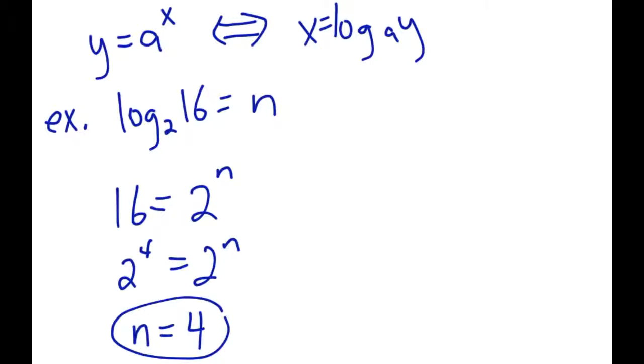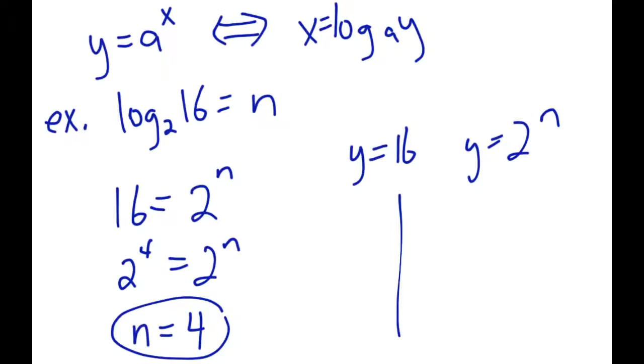Or like I said, you could also solve this by graphing. In the last unit, when we had these easy ones that we could solve by changing the base, it worked well. The other option, remember, is to graph y equals 16 and graph y equals 2 to the n. The graph of y equals 16 would be a straight line, and y equals 2 to the n would be a curve.